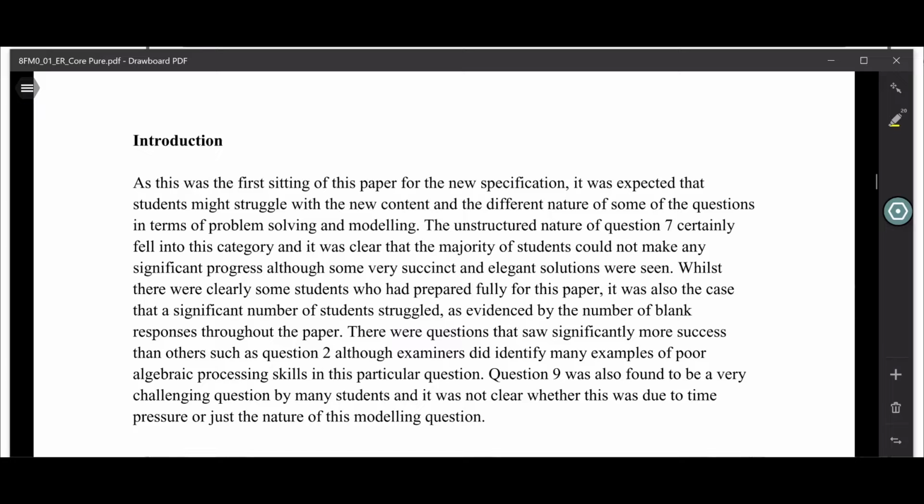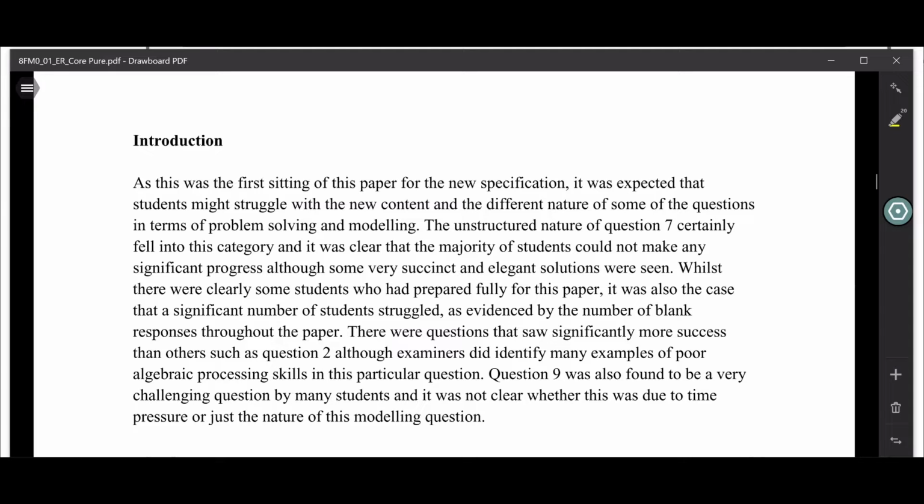Okay, so obviously, a quick look at the examiner's report for this paper. It was a new paper for a new specification, so because of that, a lot of students struggled to do well in this paper. There were some questions which focused on problem solving and modelling, some questions were unstructured, and because of that, a lot of the students struggled to make significant progress in this particular paper.